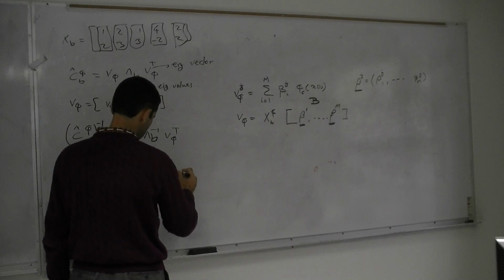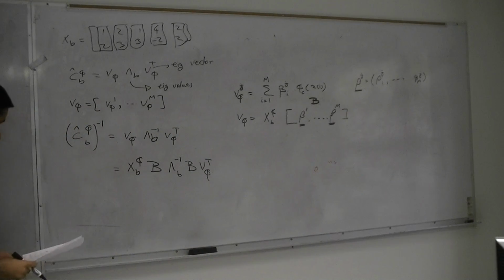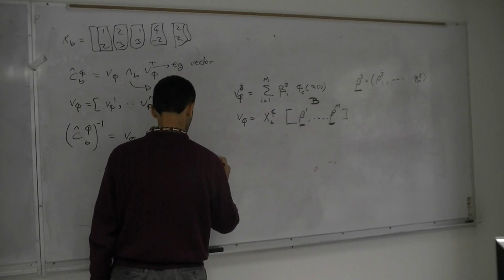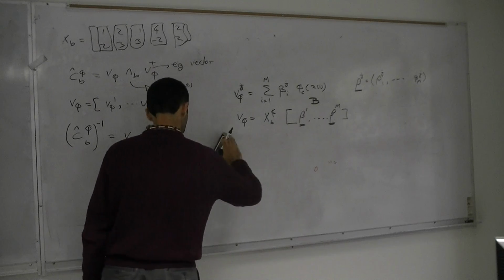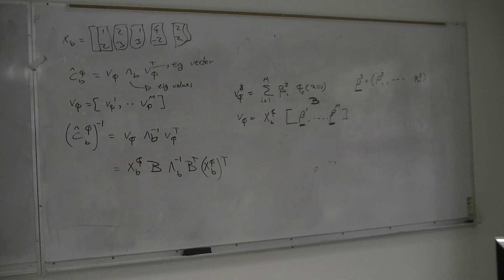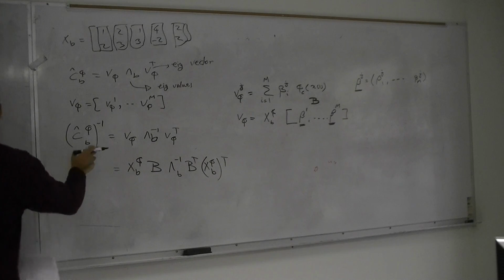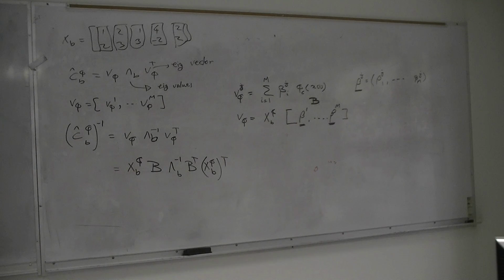And I can replace it here with X. Okay, this one is the C minus 1, and in the kernel, if we replace it with this equation, it will be equal to r.